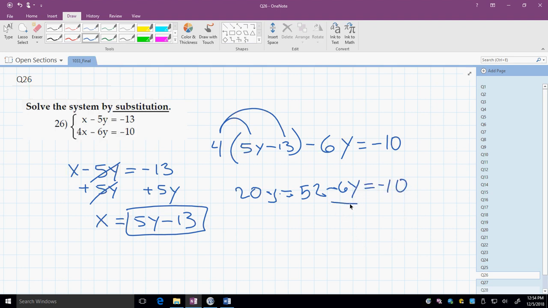Now I'm going to combine like terms. This one and this one. If I subtract this, it's going to give me 14y minus 52 equals negative 10. I'm going to add 52 on both sides.